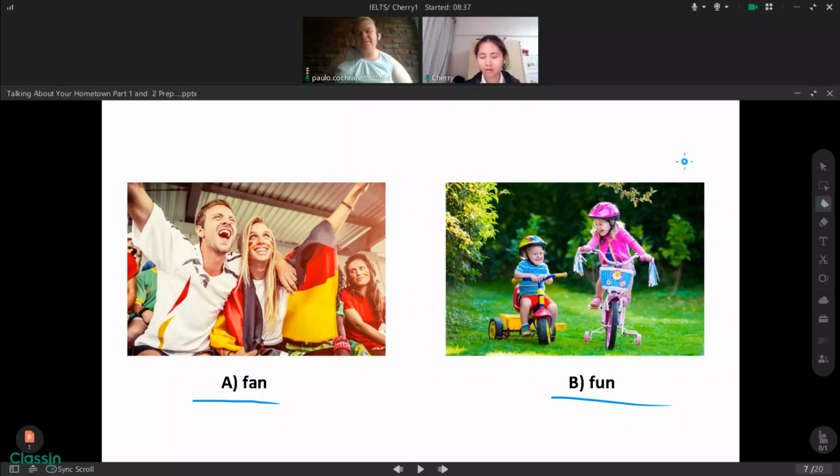Okay, let's look at it from another angle. A fan is someone who is a supporter of someone or something. Like, for example, a soccer match or a football match or a tennis match. There are people who enjoy the sports, so they are a fan of the sports. Or they could be a fan of a specific person, maybe a sporting person or a singer or an actor.